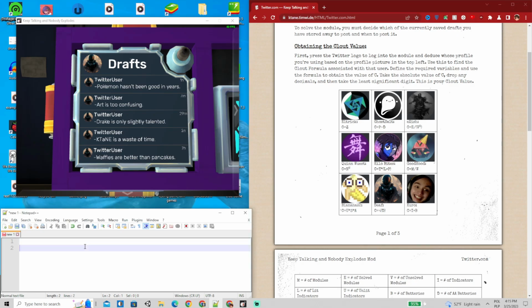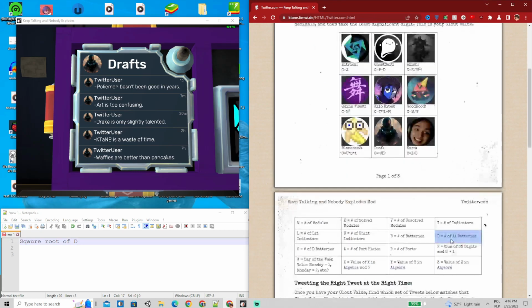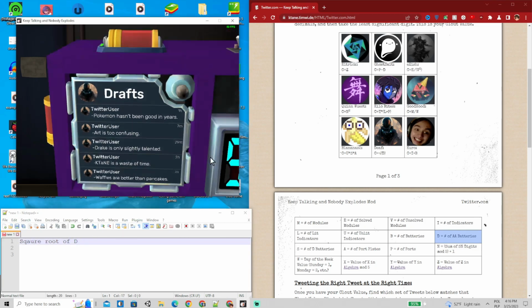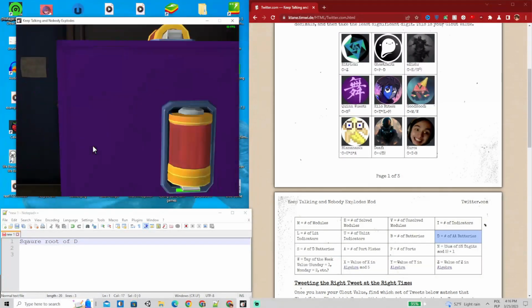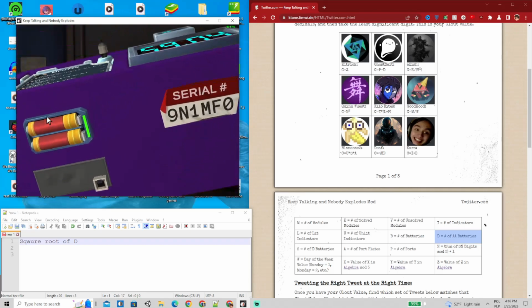So square root of D, square root of D. What does D correspond to? The number of AA batteries. 1, 2, 3, 4.